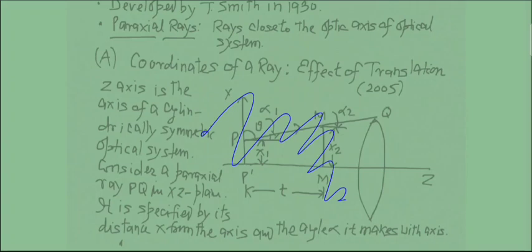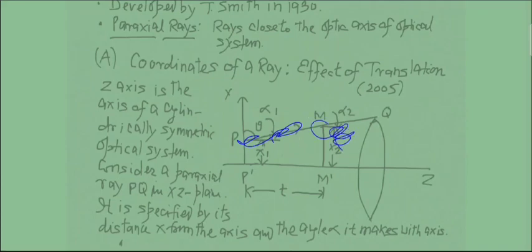Homogeneous means the density does not change at any point; whatever density it has here, it has the same here. At every point the density is the same, so a uniform medium is there.